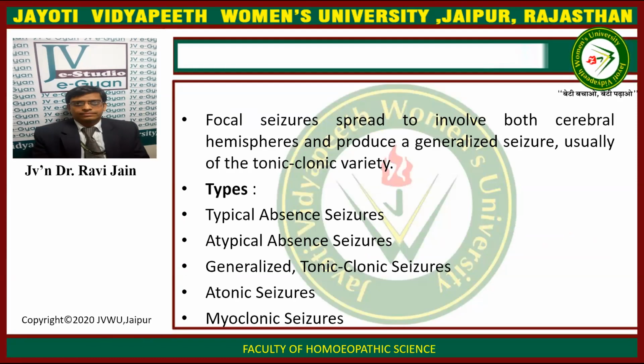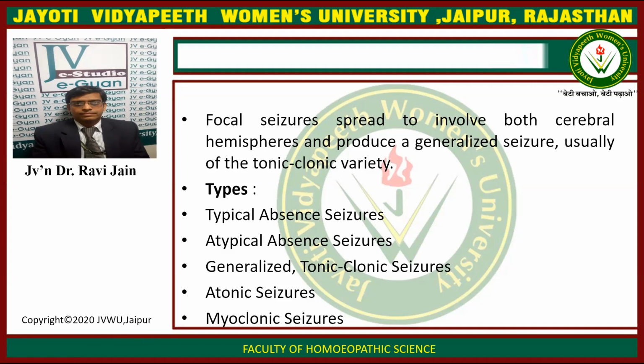When that happens, it produces a generalized seizure, usually of the tonic-clonic variety. Okay, the definition: the focal seizure that spreads to involve both the cerebral hemispheres and produces a generalized seizure, usually of the tonic-clonic variety.